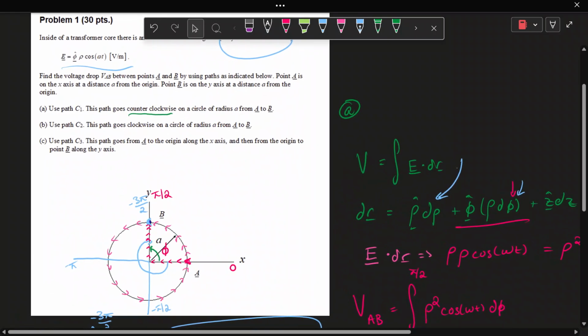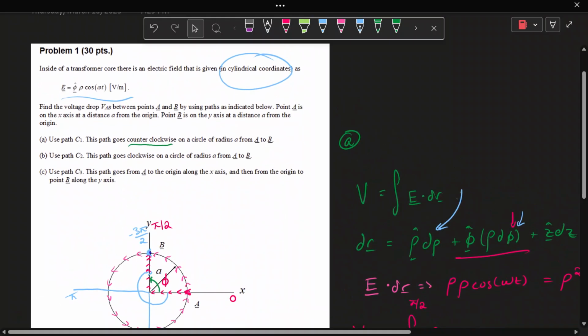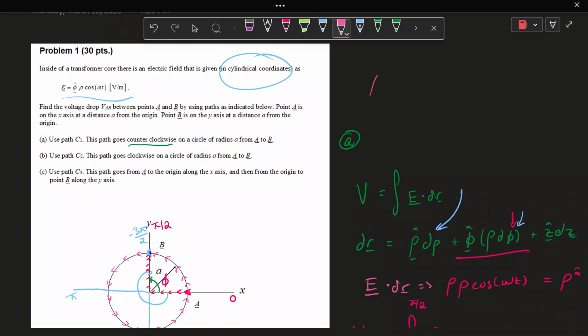Now, you could make the point, how did I know that the electric field vector is going in a circle? Well, of course, they've given it to us, right? They've given us that the electric field is in cylindrical coordinates, and it's varying with time. It's a cosine function, right? Cosine functions are periodic, and it has an amplitude of rho. So it's actually giving it to us.